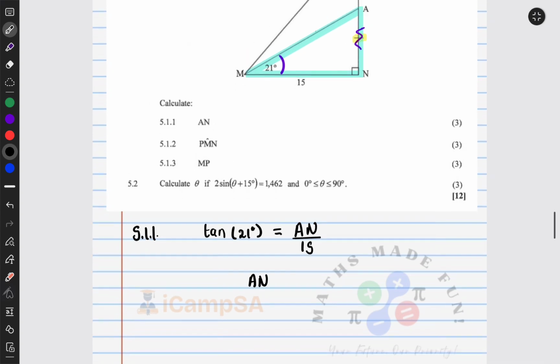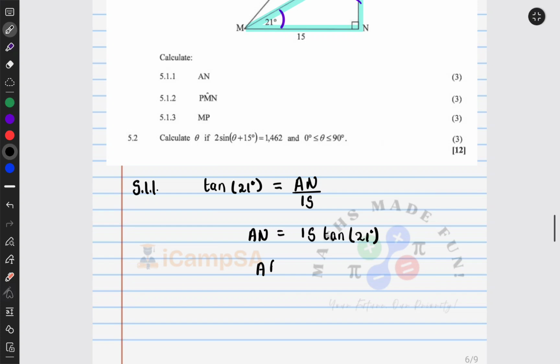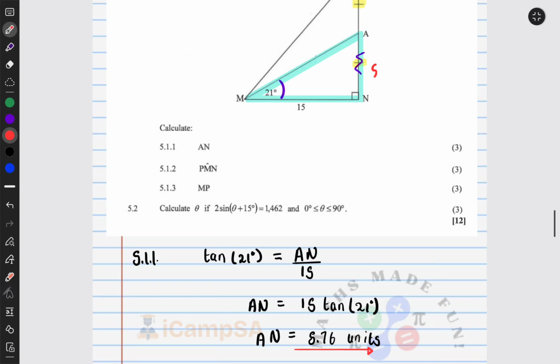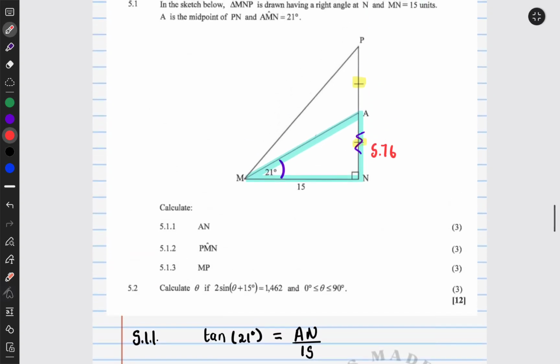So AN is equal to 15 tan 21 degrees. Therefore, punch this in your calculator, 15 tan 21 degrees, it's 5.76. AN is 5.76 units. That is the value of AN.